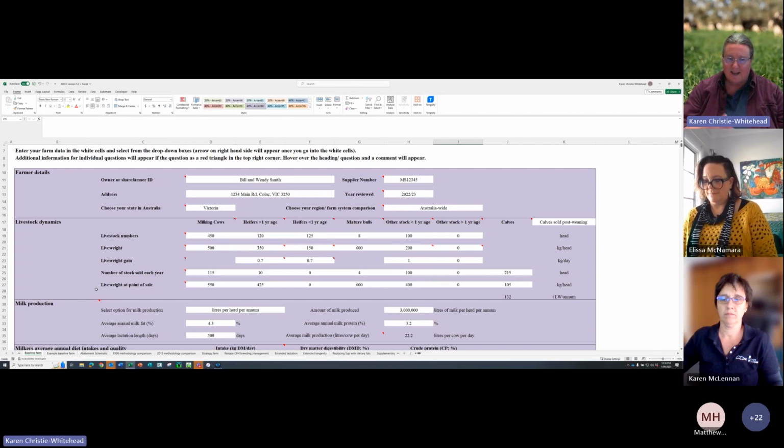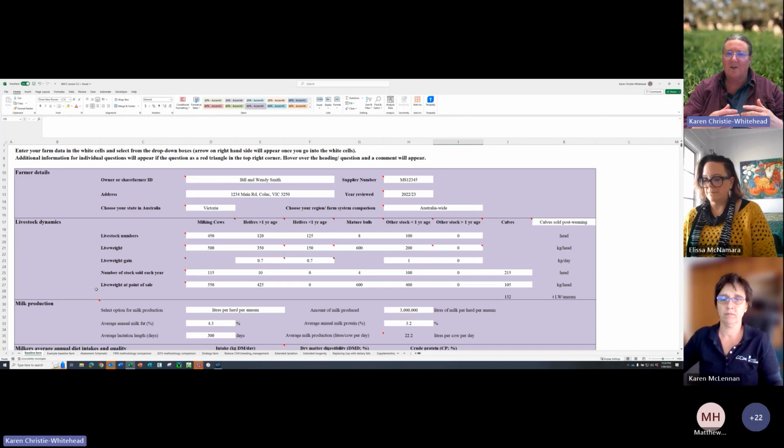And taking a step sideways, as I touched on earlier, the calculator of itself is quite a crude implement. It doesn't take those subtle differences into account. For example, two cows that might be eating 20 kilograms of feed per day, one's producing 20 litres and the other's producing 25 litres a day.